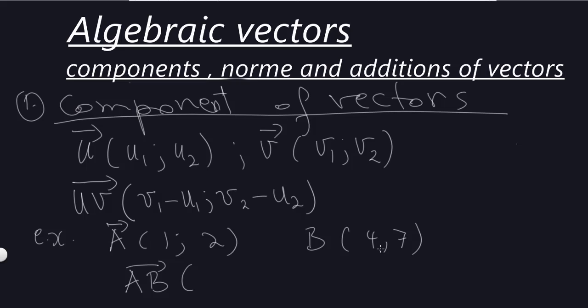All right? So you'll say 4 minus 1 and 7 minus 2. So the component of vector AB will be 3 and 5. So this is what we call a component of vectors.